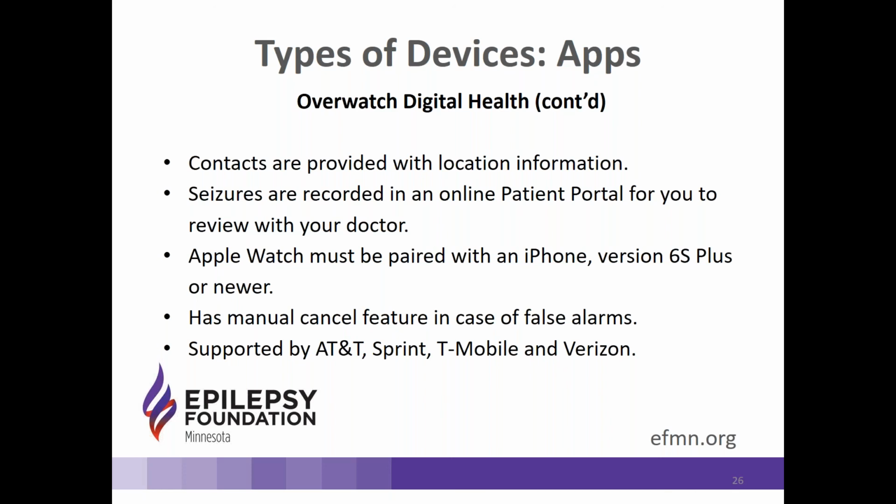And sizing could also be an issue for children. So you want to check with Apple on what size wrist their Apple Watches will fit. This app does have a manual cancel feature in case of false alarms, just like the other one, and it's supported by 4 of the major cellular carriers: AT&T, Sprint, T-Mobile, and Verizon.